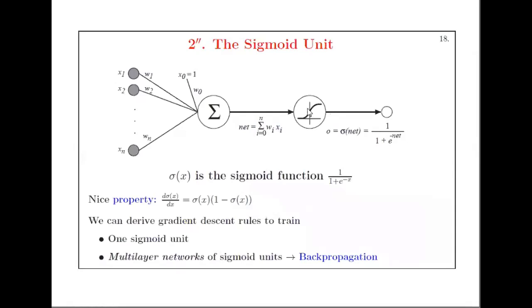With this squashing function, the output O is equal to sigma of net. Net is nothing but the sum we got, x0 into w0 plus x1 into w1 plus x2 into w2. The output is equal to sigma of net, which is equal to 1 divided by 1 plus e to the power of minus net. Net means sum.